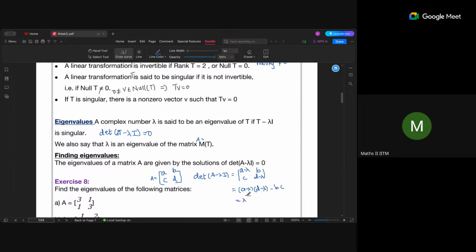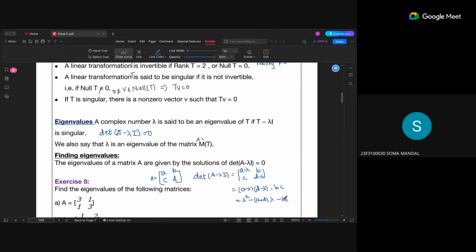Now you see, when you do this determinant, you end up with lambda square minus A plus D times lambda, minus A lambda minus D lambda.